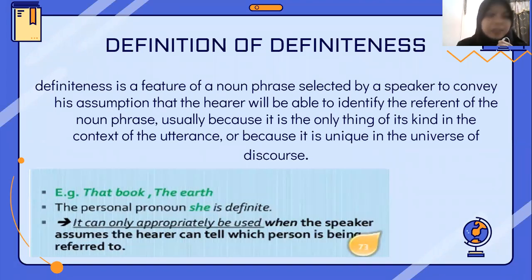For example, that book and the earth. The personal pronoun she is definite. It can only appropriately be used when the speaker assumes the hearer can tell which person is being referred to.